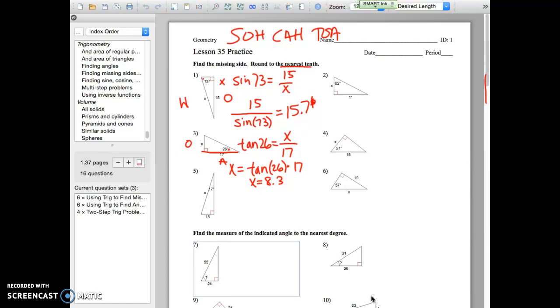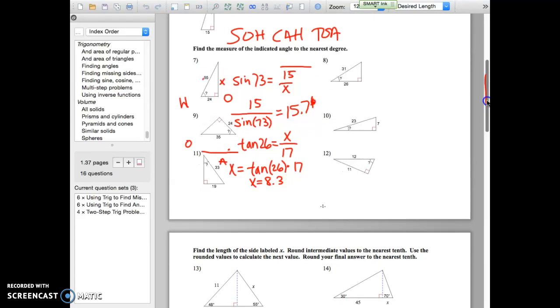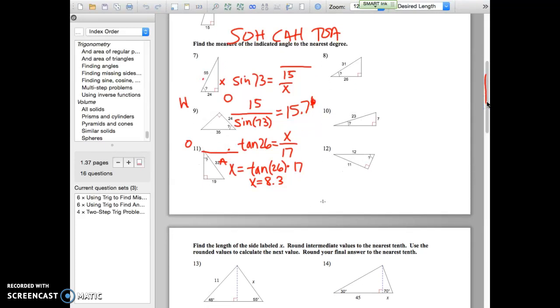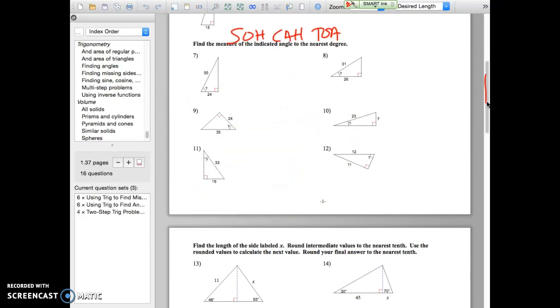All right, down here we're going to find the measure of the angle. When you have to find the measure of the angle, you do have to do second. So for down here, you're going to put second and then whatever the thing is in your calculator. All right. So this is the angle of interest, and I'm going to look here.